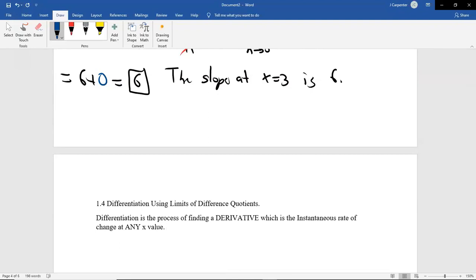So there's a lot of words that all mean the same thing. Instantaneous rate of change, derivative, differentiation, limits of difference quotients, all these mean the same thing. Tomato, tomato.